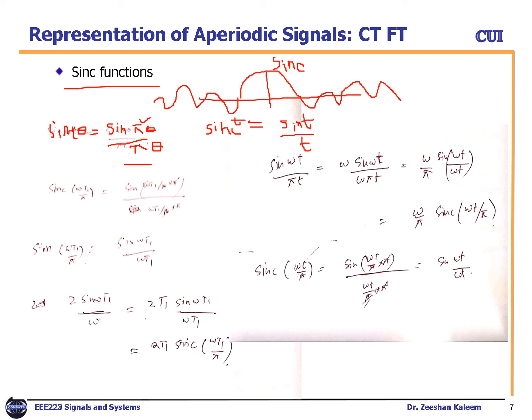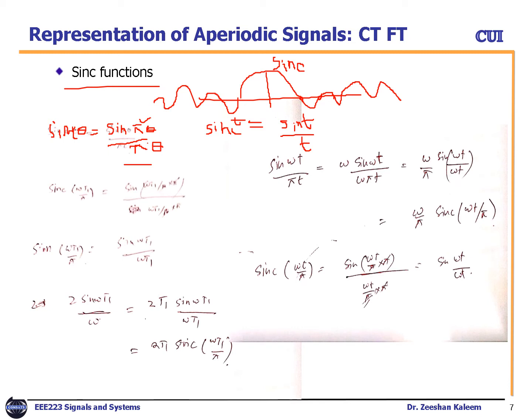What is the difference between normalized and non-normalized? In the normalized case, consider the zero crossing, for example this point where the graph cuts the x-axis, where the signal is 0. So this is called the zero crossing.